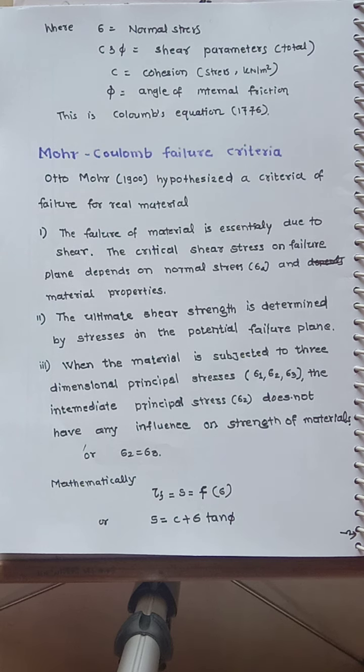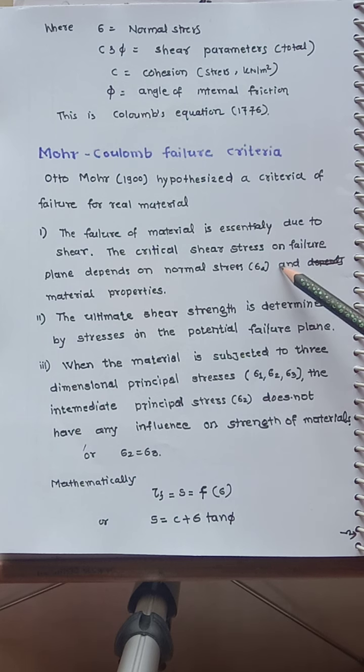Because of the earlier magnitude of the external stress, it may have been some 20 degrees, 25 degrees. So the plane goes on rotating, and on a plane, when the critical normal stress and shear stress act, failure takes place. So failure takes place on that particular plane, and that is called the potential failure plane.